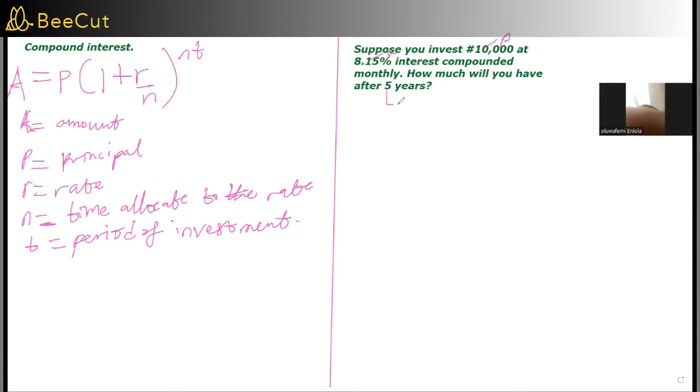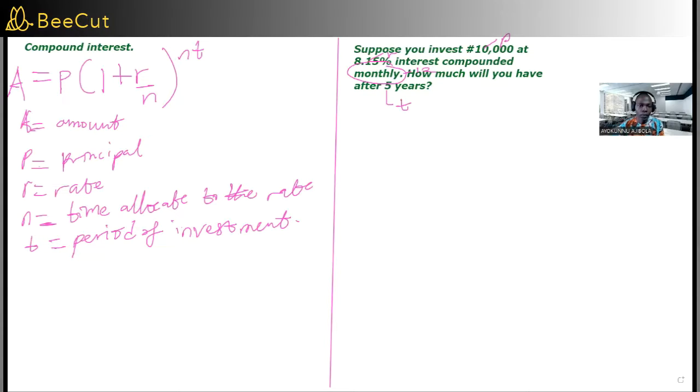This is the time, T. So this is compounded monthly. Because it's compounded monthly, our N is 12, 12 months make 1 year. So here we're going to use 12 for this. Then how much time has been given, that's the 5 years.